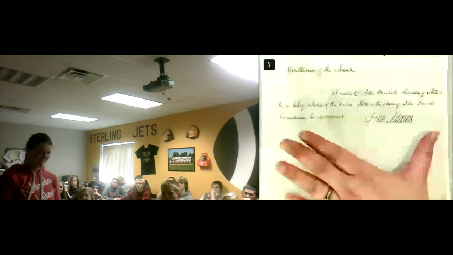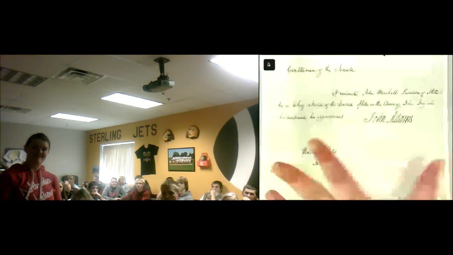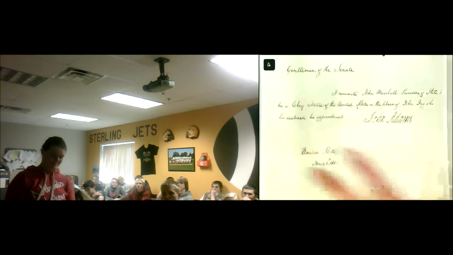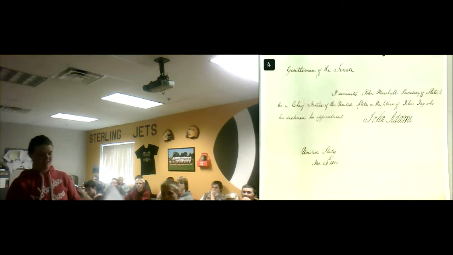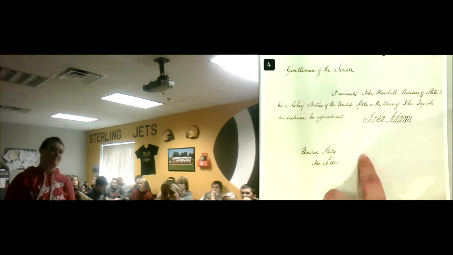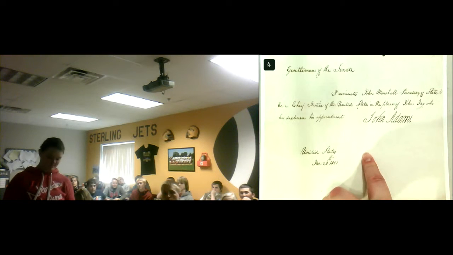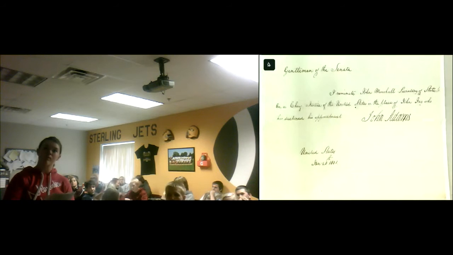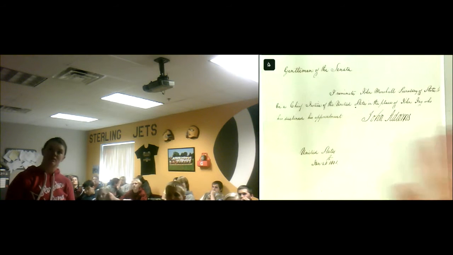What is the power of the president that's illustrated in this particular document? Judicial. What power of the president? What is the president doing? Well, first of all, which president is signing this document?